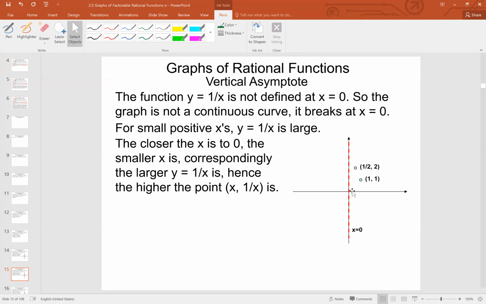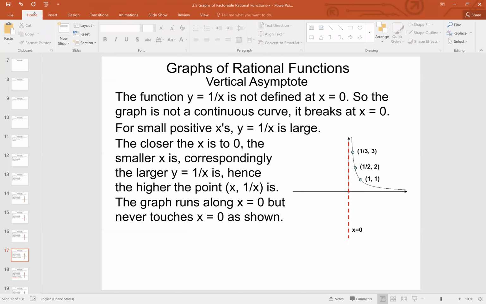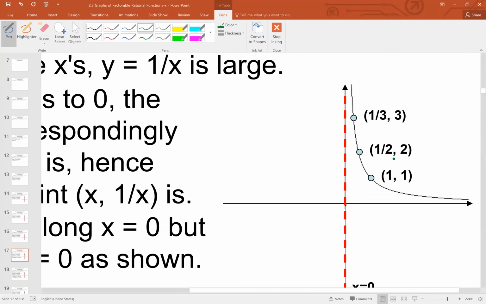As x gets closer and closer to 0, the reciprocals get higher and higher in the y coordinate, and they shoot up.